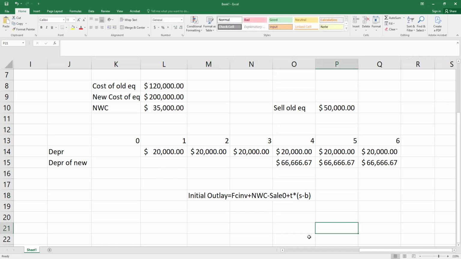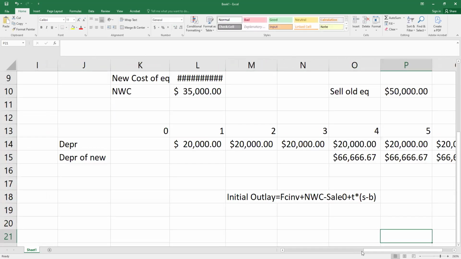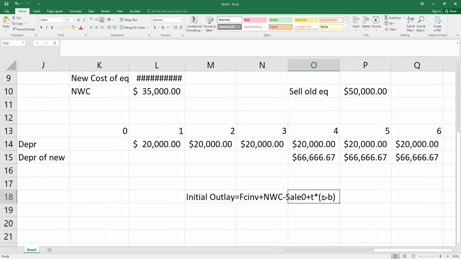Let me make it bigger. So I know what my fixed capital investment is, I know what the net working capital is, and I know how much I'm going to sell it for. Let's say the taxes is 35%. And I know my book value too.